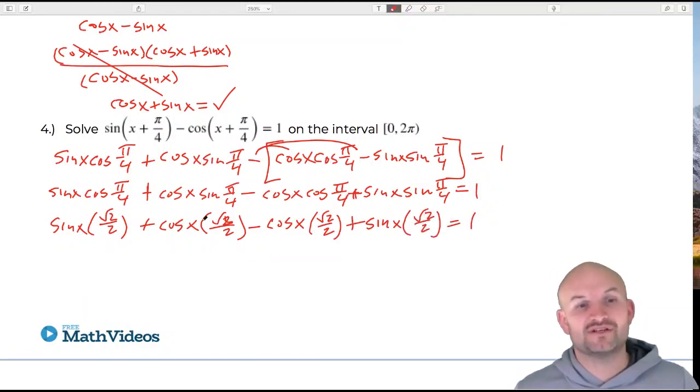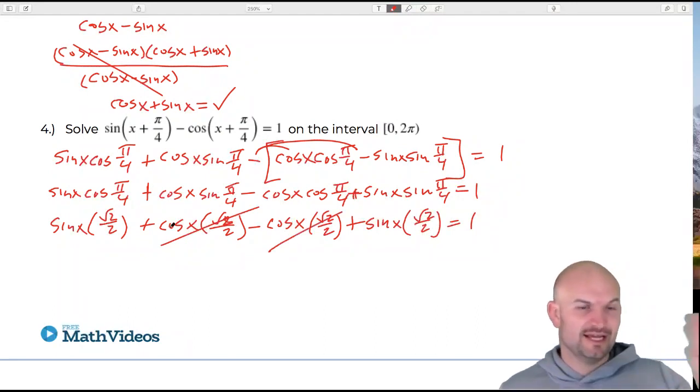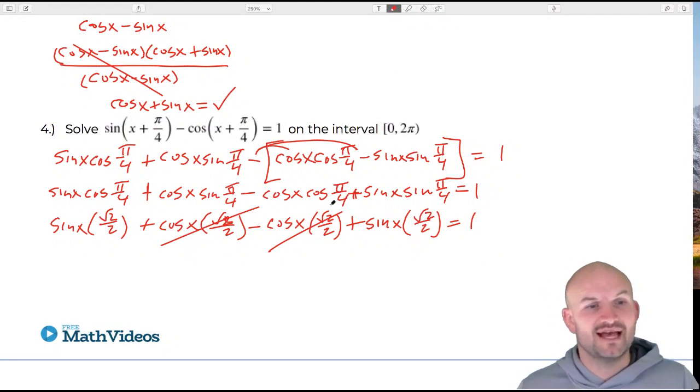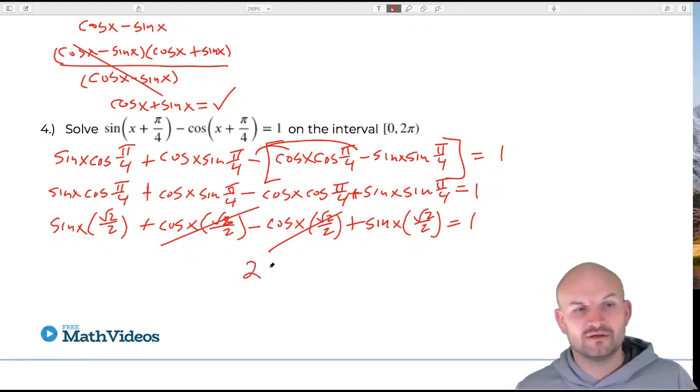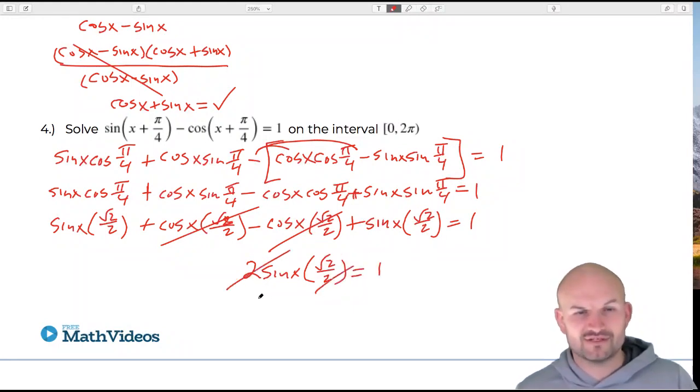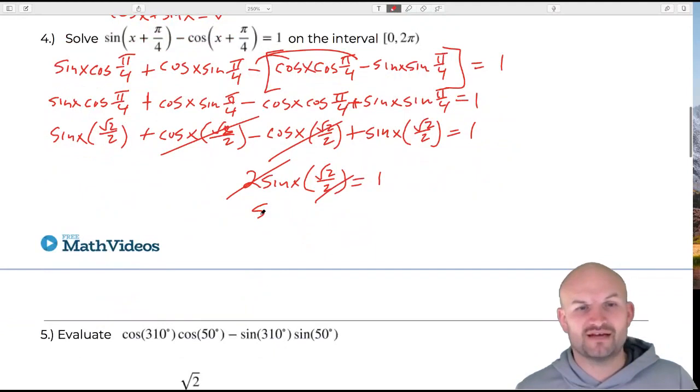Now you can see that these cosines, the positive as well as the negative, cosine of x times square root of 2 over 2, divide out. And now we have 2 sine of x times the square root of 2 over 2 equals 1. Well, now the 2's divide out.